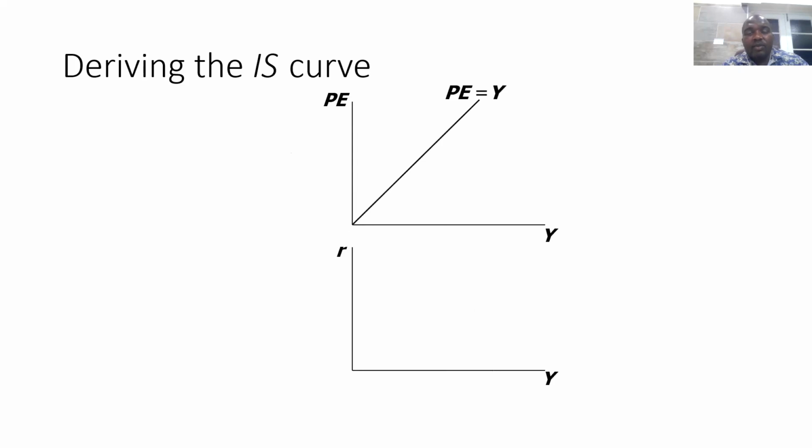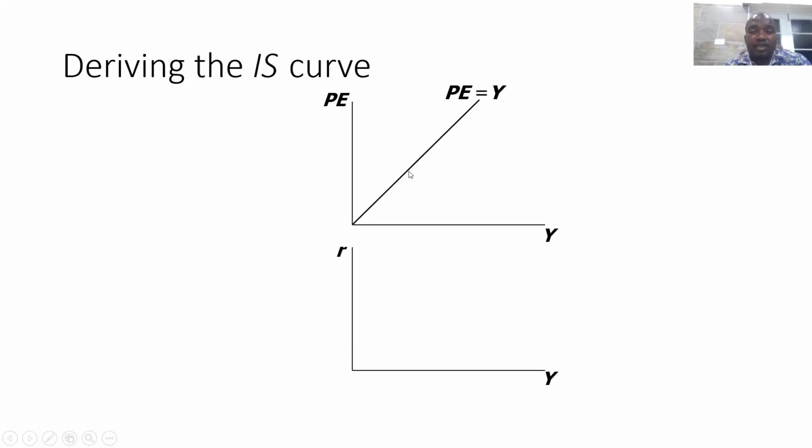graphically, we have the 45 degrees line where aggregate expenditure or planned expenditure is equal to Y. This planned expenditure is also called aggregate expenditure in some textbooks. And Y is called national income or real national income or real output or real GDP or whatever aggregate the author decides to use to identify national income.